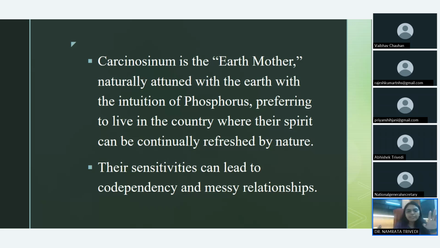He suppresses all his emotions, like any anxiety, any fear, for others. They are dependent on others for their happiness, which leads to messy relationships. They live for others, and there is codependency.